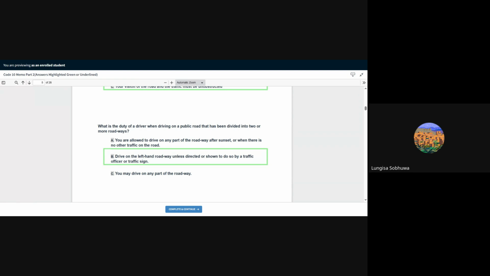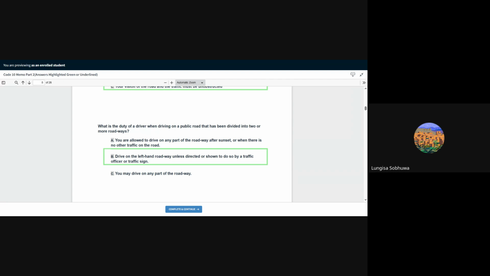Option A says you are allowed to drive on any part of the road after sunset or when there is no other traffic. Option B says drive on the left-hand side of the roadway unless directed to do so by a traffic officer or a traffic sign.